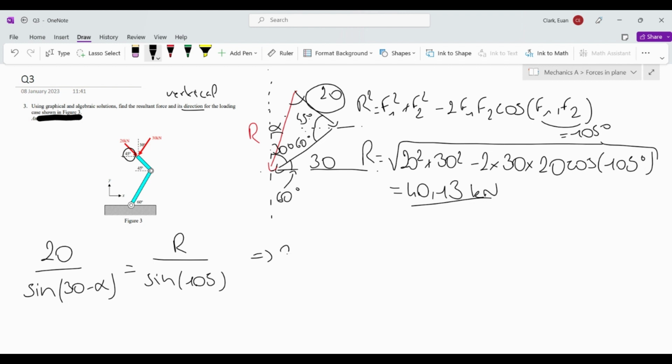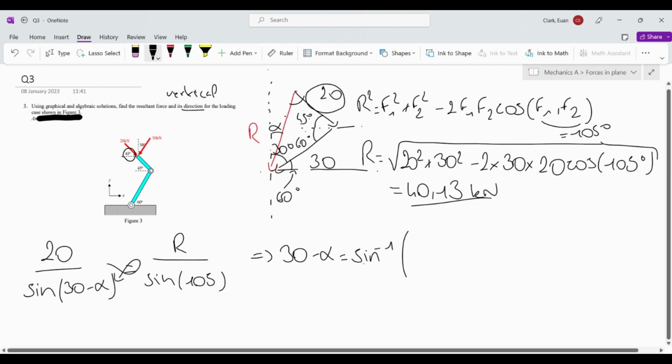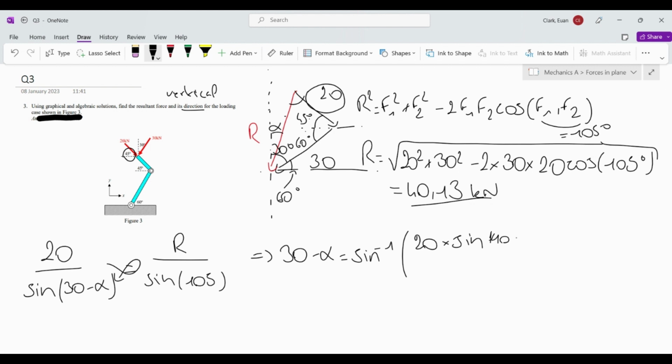So 30 minus alpha is equal to sine inverse of 20 multiplied by sine 105 degrees over R, and R we found earlier is 40.13.